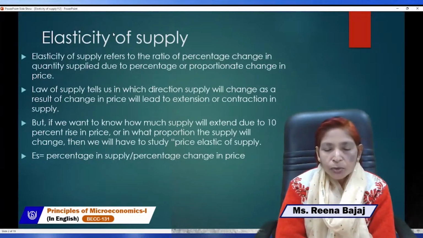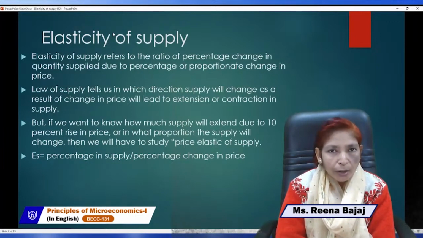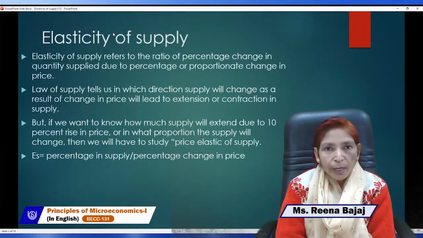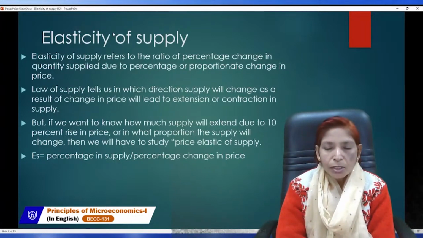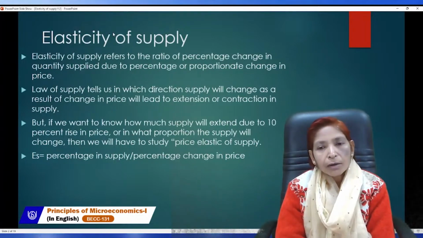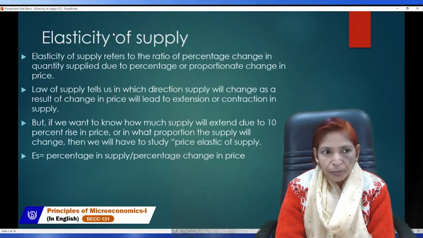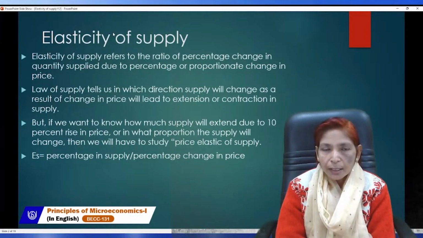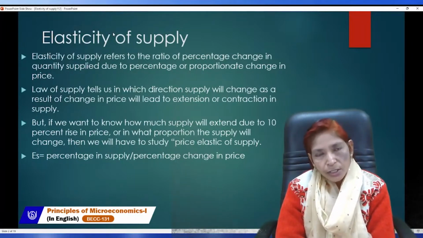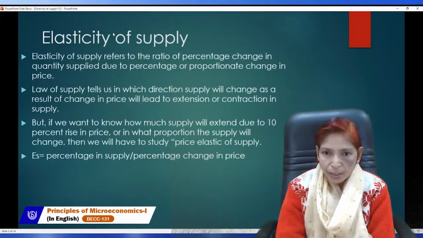It means it shows only movement of supply, and movement of supply may be of two types: one is extension of supply, next is contraction of supply. So law of supply tells us only the direction in which supply will change.